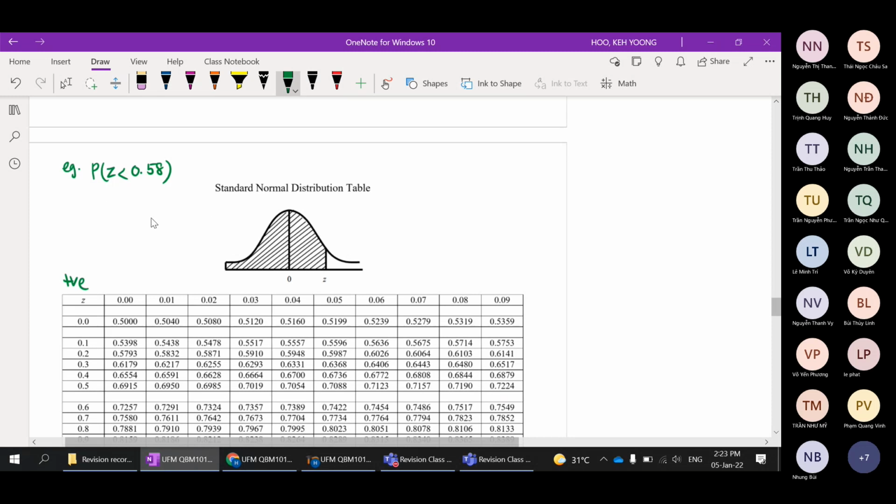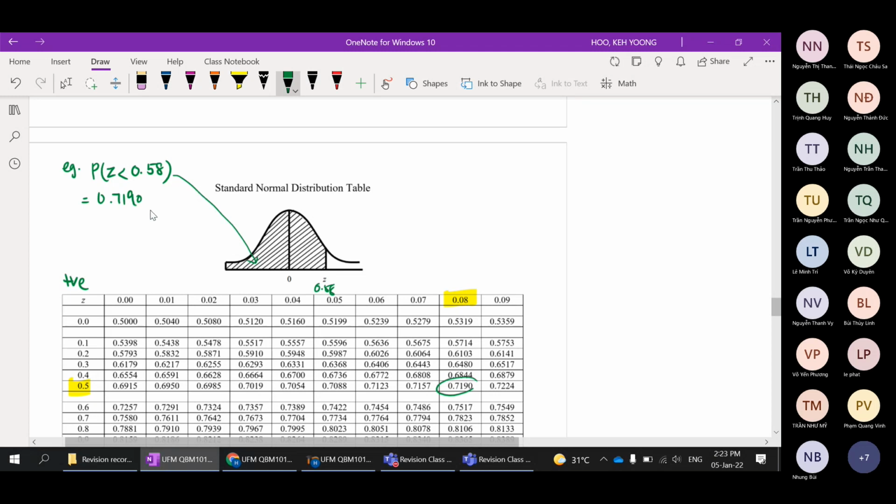This refers to the area here. For the first decimal, you look at the row, the first column, 0.5. For the second decimal, you look at 0.08. Add up together, you get 0.58. So the probability is 0.7190.